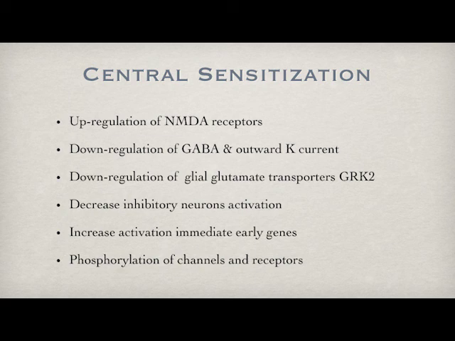The GABA receptor is the anti-nociceptive pathway, so that goes down, and inhibitory neuron activation is reduced. The anti-nociceptive pathway is somehow inhibited. So the dorsal nerve cells discharge more impulses to the central nervous system. As time goes on, genes start to develop that maintain this process.